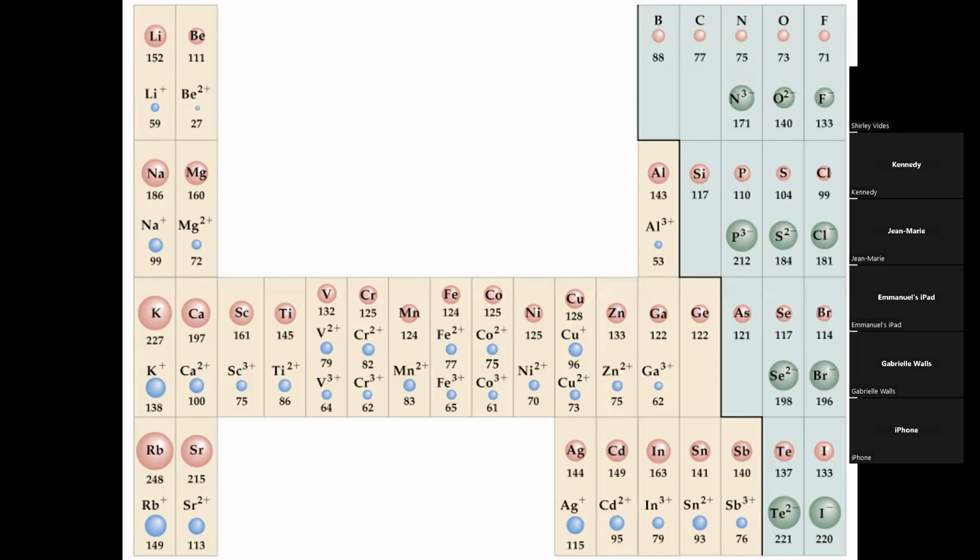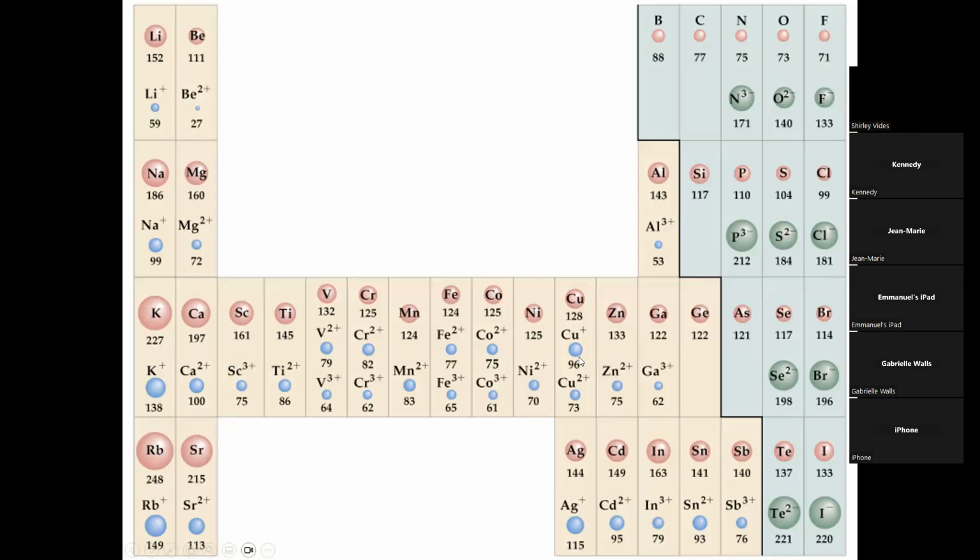Do you see that? Look at copper. Copper has the same thing. Copper is quite obvious on this particular one. See, there's your atom on the top, the one that's in red, right? And then you got the copper plus 1, which is 96 pm. Sorry, I forgot the name of it.